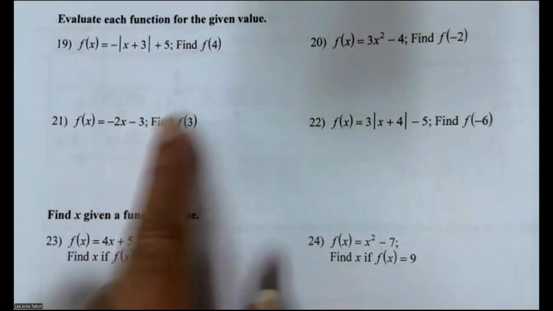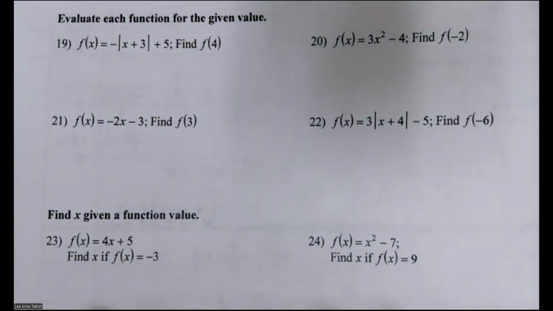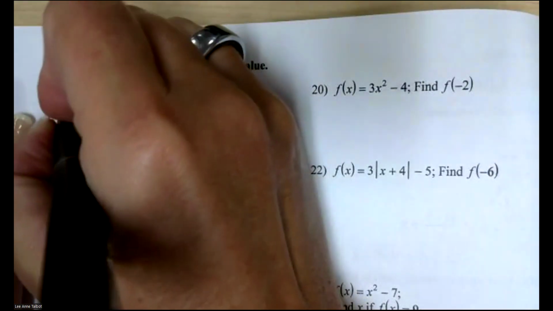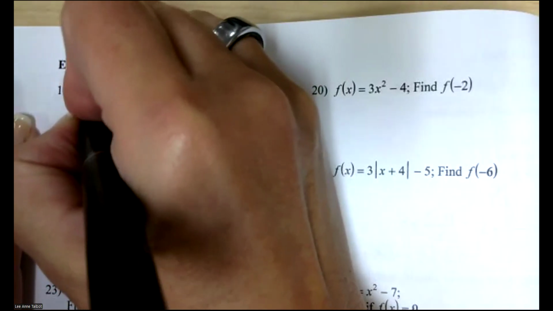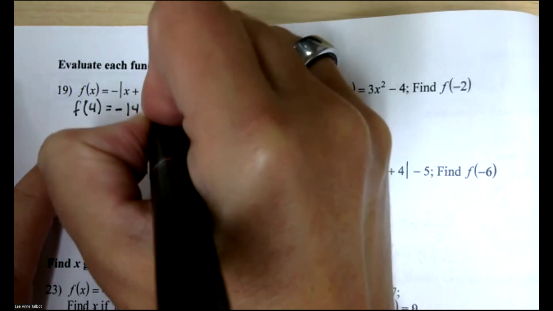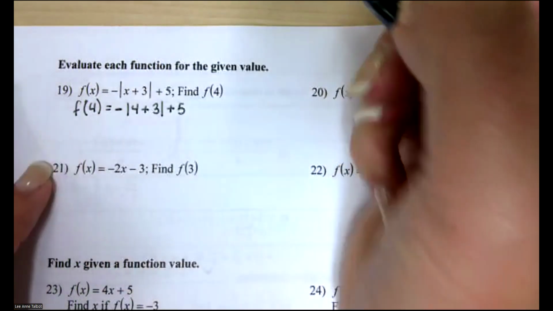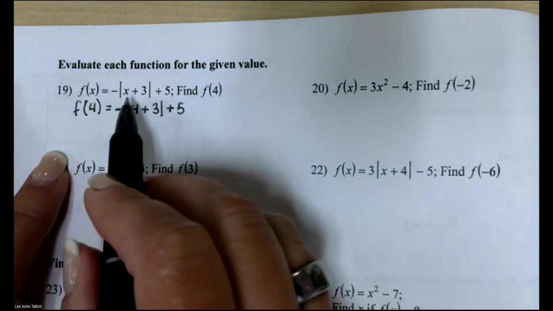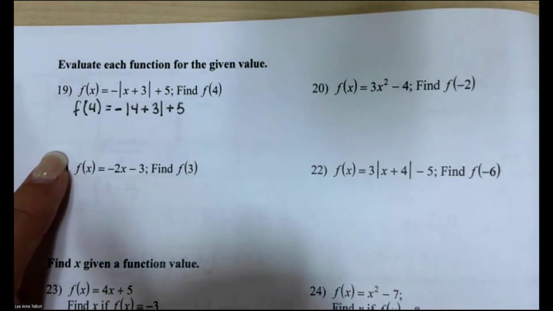All 4 of these are forward function machines. These 2 are backward function machines. So f of 4 equals negative absolute value of 4 plus 3, plus 5. So I put 4 in here and I put 4 in here.